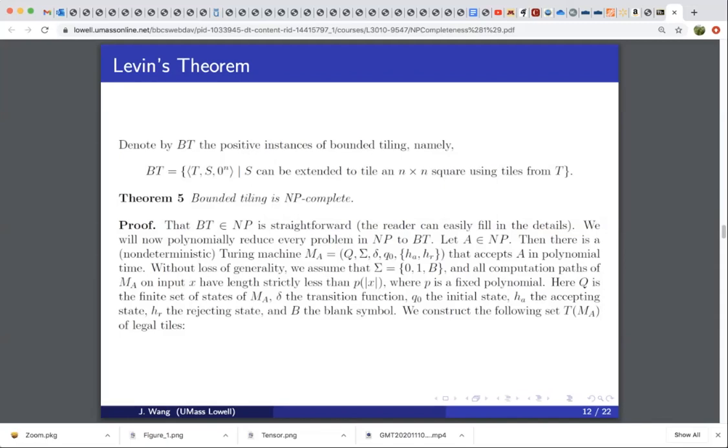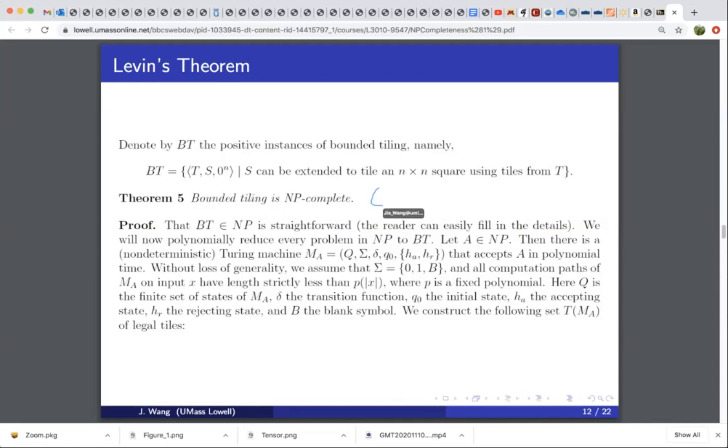BT contains all such instances where S can be extended to cover an n by n square using tiles from T. That's BT, and BT is NP complete.